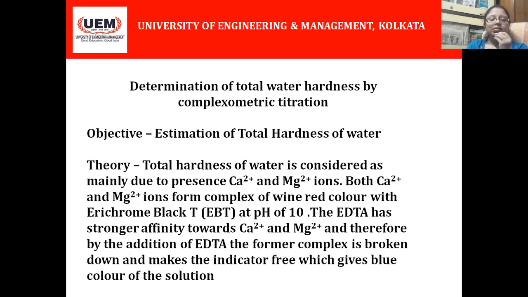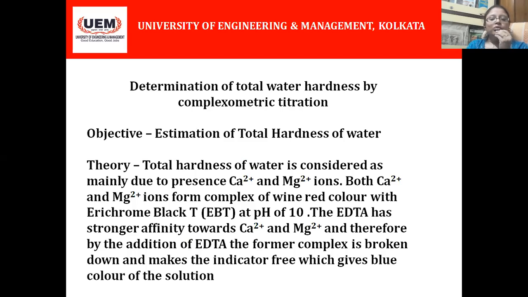First we will take some sample water, like 10 ml of water, in the conical flask. Then we will add some buffer solution, ammonium chloride and ammonium hydroxide solution. Why? Because we have to maintain the solution at pH 10, because complex formation is only possible at this pH.